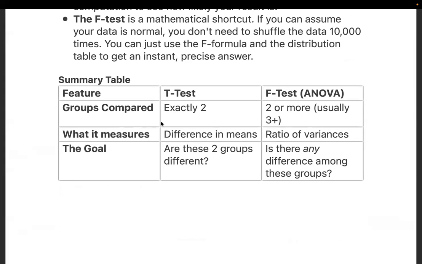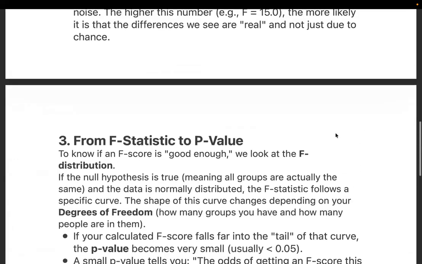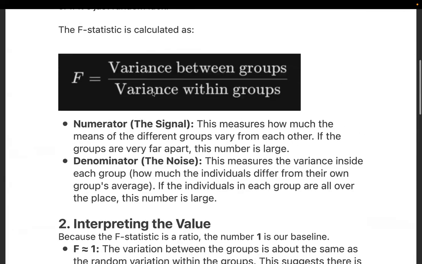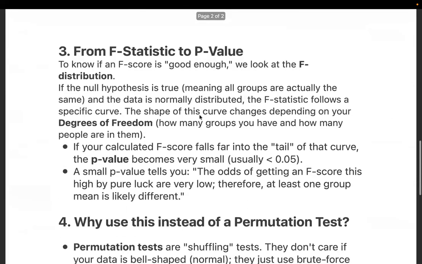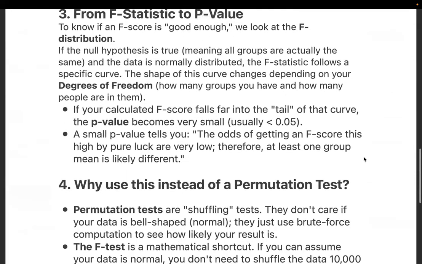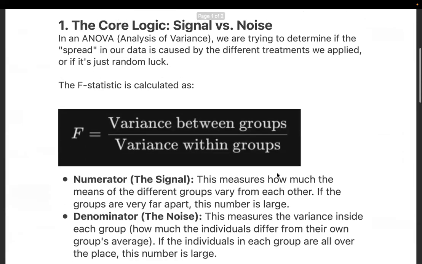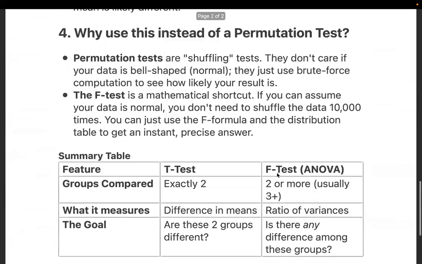What does it measure? The t-test measures the difference in means, or sometimes medians, which is the t statistic that you take. The F test compares the ratio of variances, between and within.